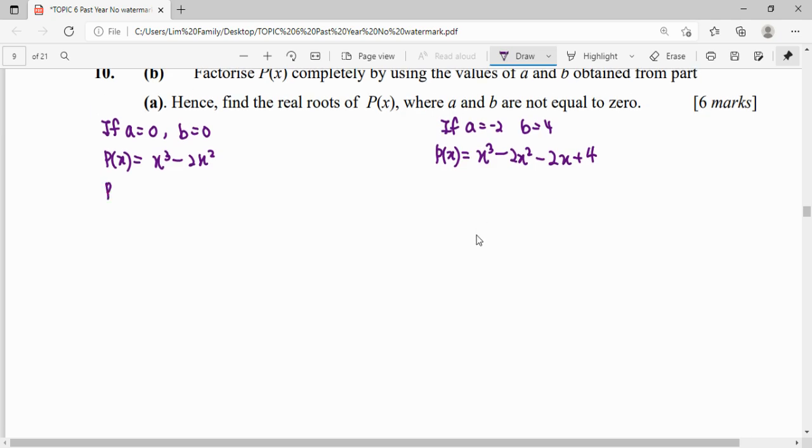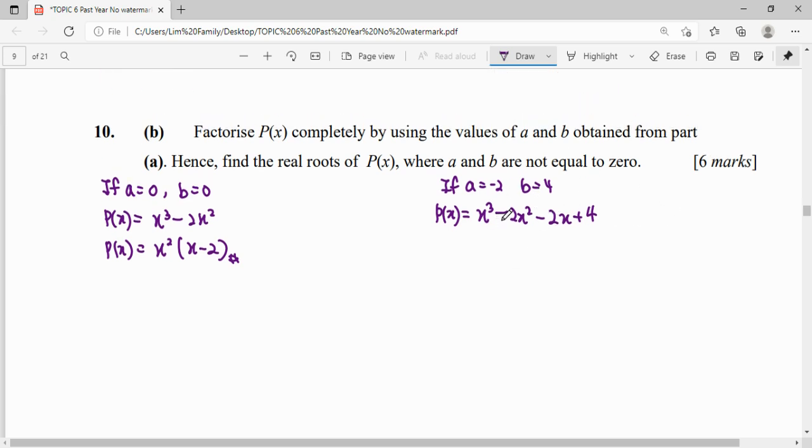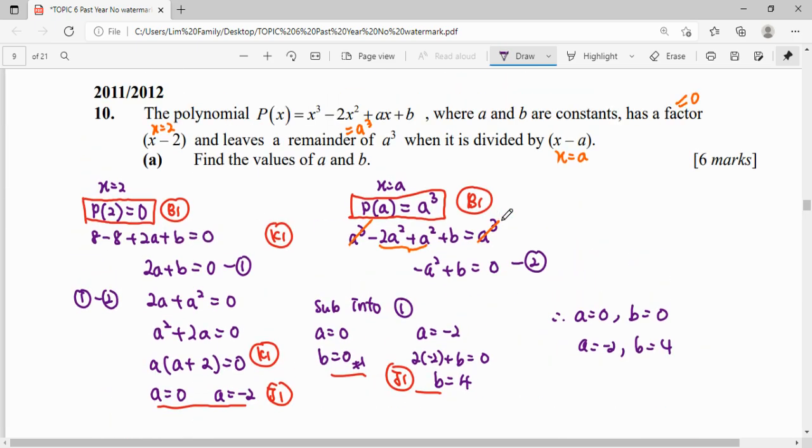For this one, it will be easier, because once we factorize out x squared, it will be x minus 2. So this is factorized completely. But for this polynomial, how are we going to factorize it completely? For a cubic polynomial, we need to divide by its factor.